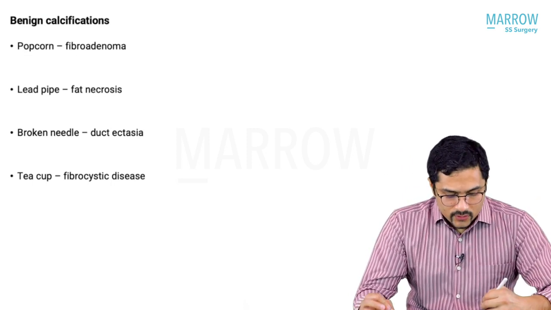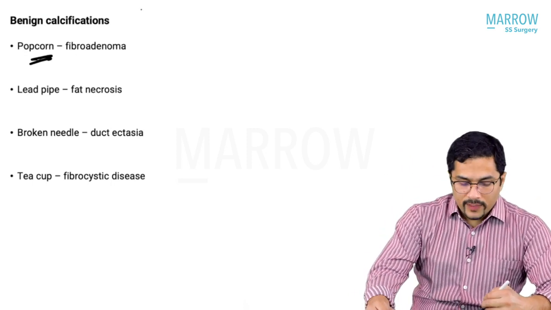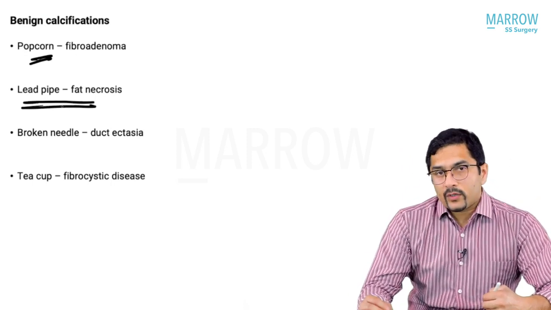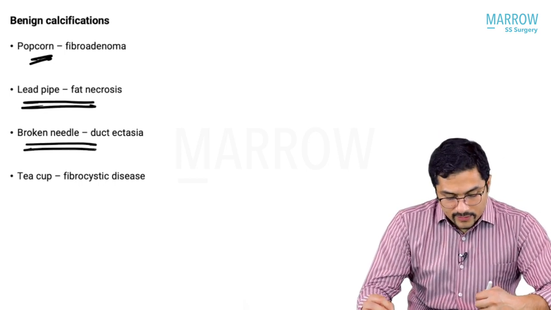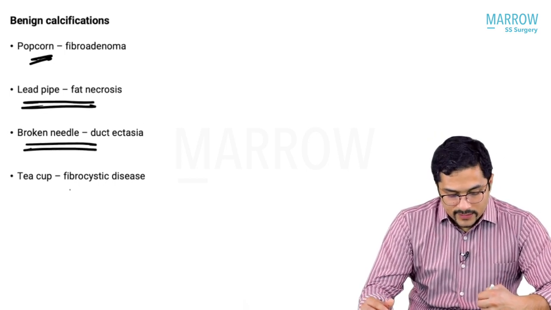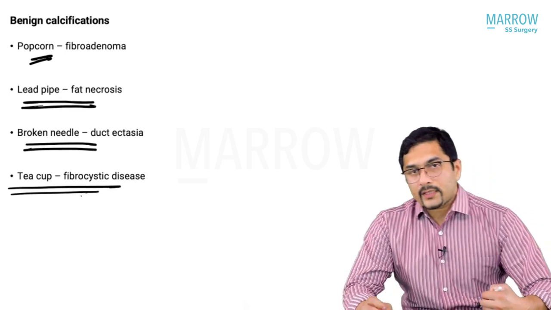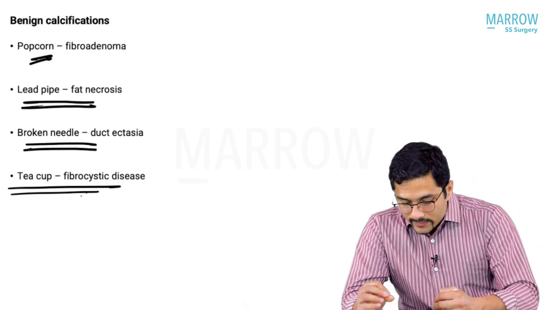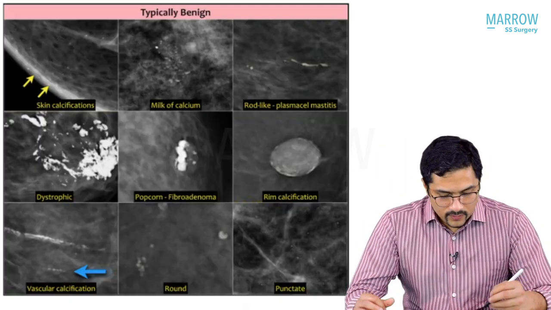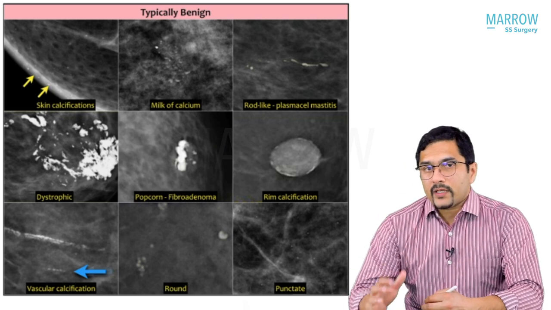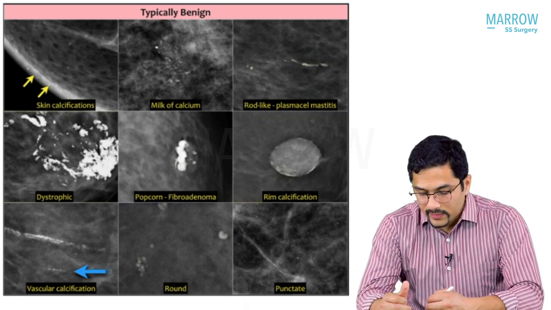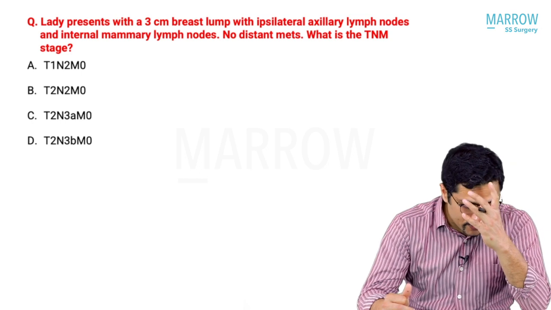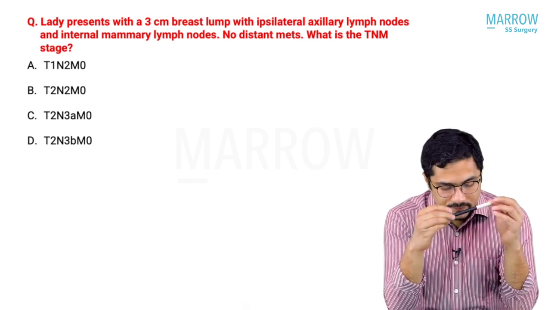Benign calcifications: popcorn calcification is seen in fibroadenoma, lead pipe in fat necrosis, broken needle in duct ectasia, teacup in fibrocystic disease. These are the typically benign calcifications. Clustered microcalcifications, I have told you, can be seen in patients with DCIS.